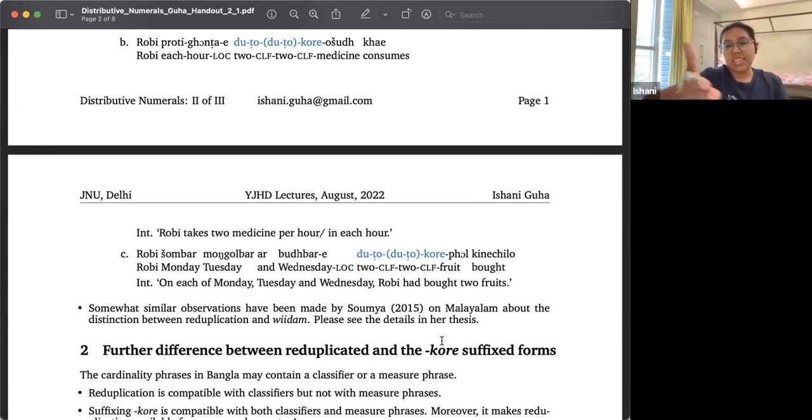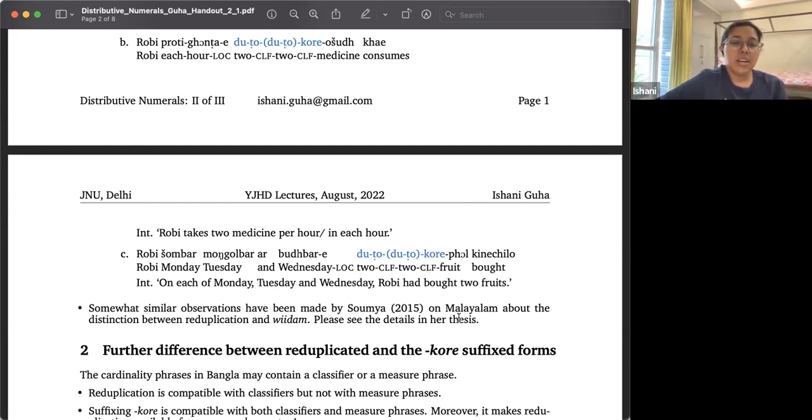Because it seems like, with Malayalam and Bangla, this goes across language families and types of languages, right? And whether it has a classifier or not. So this seems to be a good typological generalization that needs to be investigated by studying as many languages as possible.